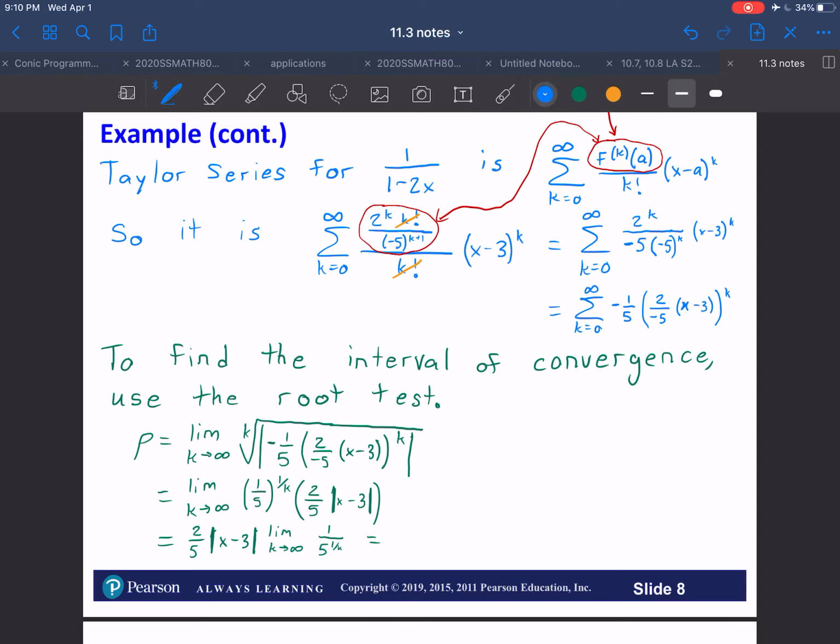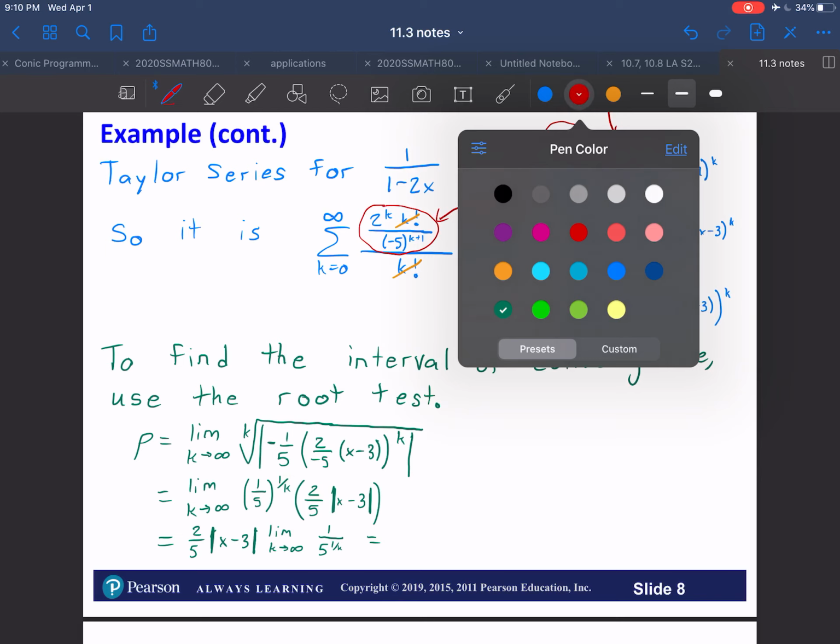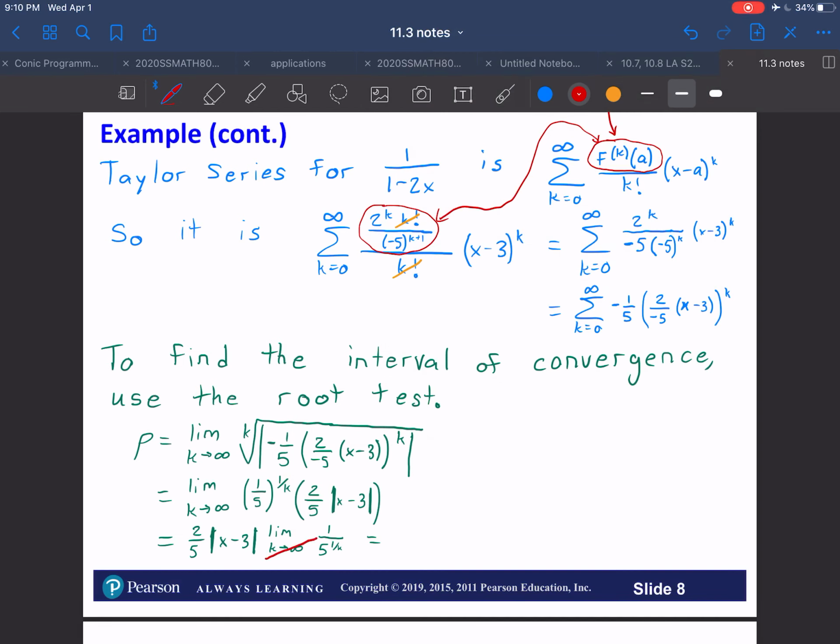So this entire limit, you might think it would have gone to 0, but this entire limit actually goes to 1. Alright, and if you don't see that, take a couple seconds to look at it carefully, because we get 5 to the 0, which is 1.